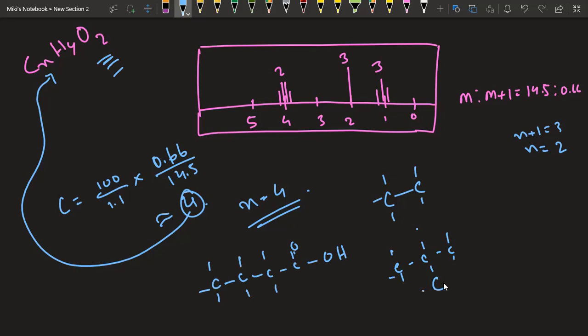So this is basically what I'm talking about. So this is a carboxylic acid. How many environments are there? This is one environment. These are another 2 environments which are unique to each other, and that's a different environment. So in total 3 environments. Yes, we have 3 environments.